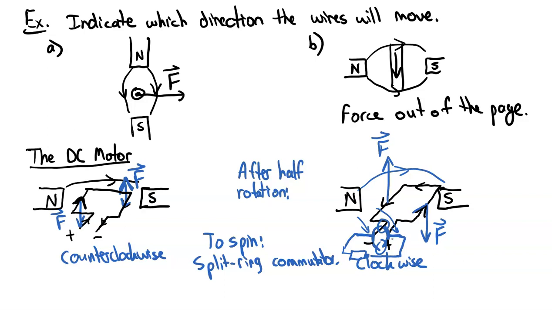So if instead of the positive being on the right and the negative being on the left, it was the other way, we would find the force continues to be counterclockwise instead of clockwise. That's the principle behind these. We want to use this split ring commutator to allow it to continue to spin in the same direction that it began spinning in. And that's the genius behind what Michael Faraday thought out to cause the motor principle to work. So there you go.